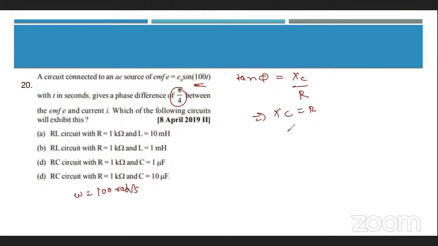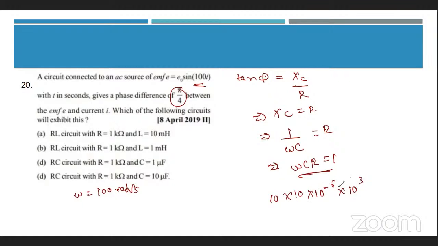So XC, that is 1 over omega C, equals R. To give you more clarity, omega C times R is equal to 1. If I'm taking the values, omega is 100, and C I'm taking as 10 raised to minus 6, and R as 10 raised to 3.